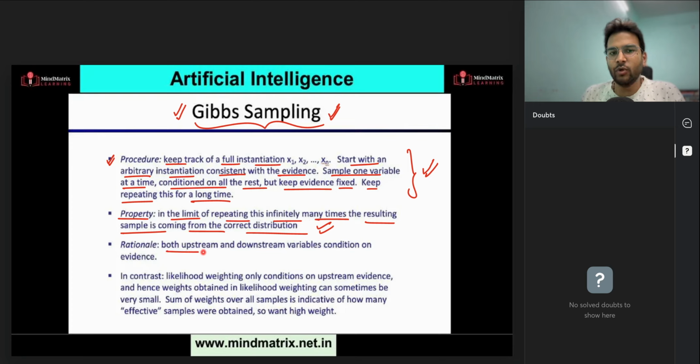And as I told you, here both upstream and downstream variables condition on the evidence, which was not the case in likelihood weighting. In contrast, likelihood weighting only conditions on upstream evidence, and hence weights obtained in likelihood weighting can sometimes be very small.